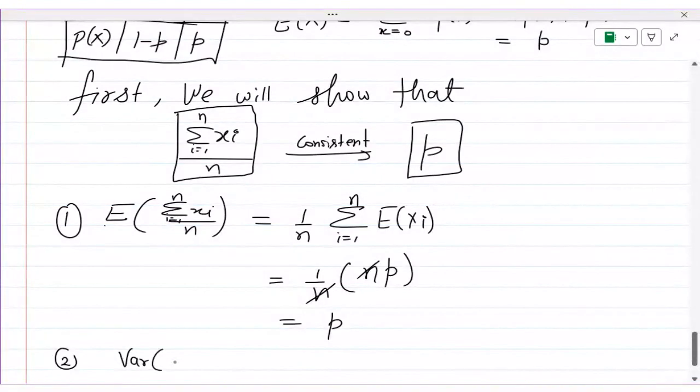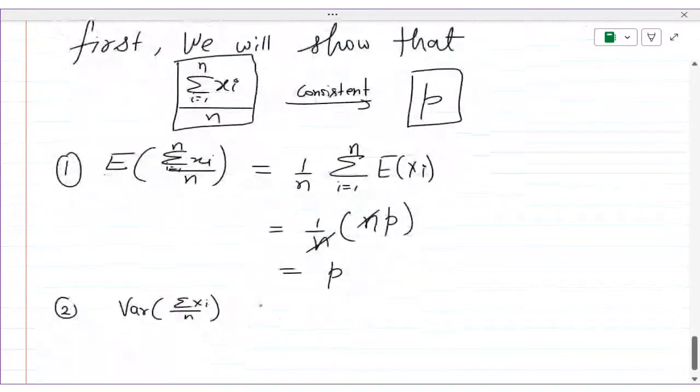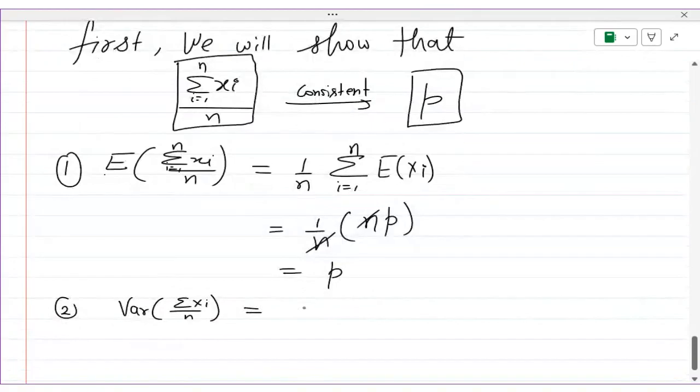Second, I will show that the variance of the sum of xi divided by n is equal to 0 when n approaches infinity. So what is the variance of this? First of all, 1 by n is a constant.